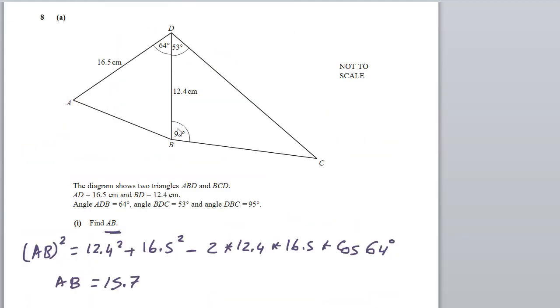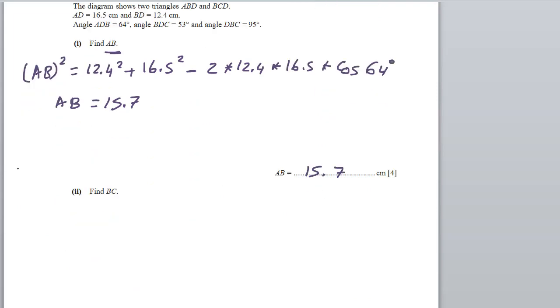Now find BC. This angle here, angle C here, is equal to 180 minus 53 plus 95. And then we can use sine rules. So let us find the angle.